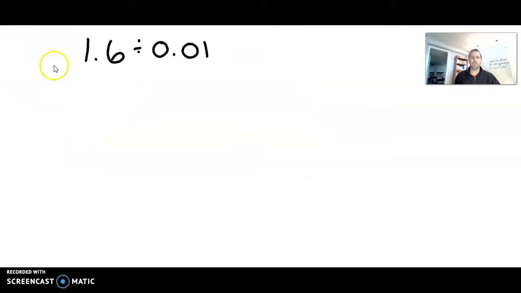And I'm going to start first on this problem of 1 6/10 divided by 0.01, or another way we might call it is 1 6/10 divided by 1/100th. These two are equivalent.